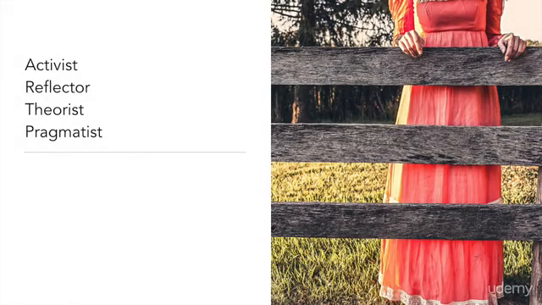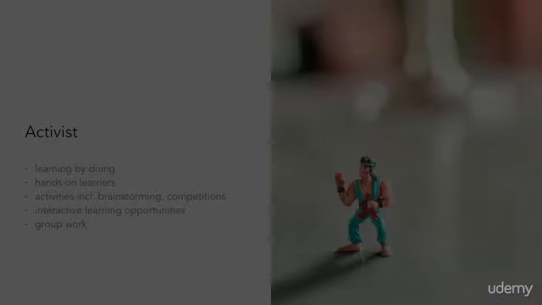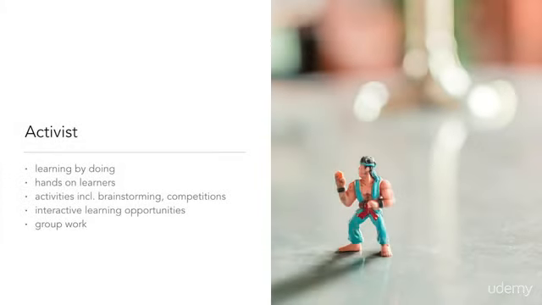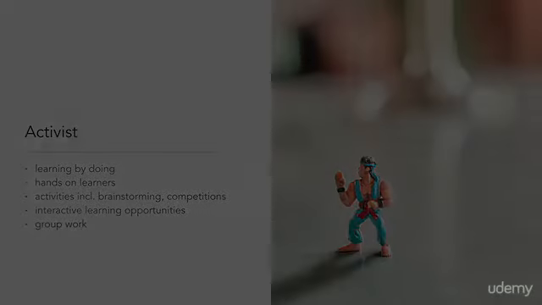Let's take a look at these in slightly closer detail, and of course there's more information available in your downloadables. An activist learns by doing. They are hands-on learners. Activities which might be interesting for an activist-style learner are brainstorming, competitions, and interactive learning opportunities.